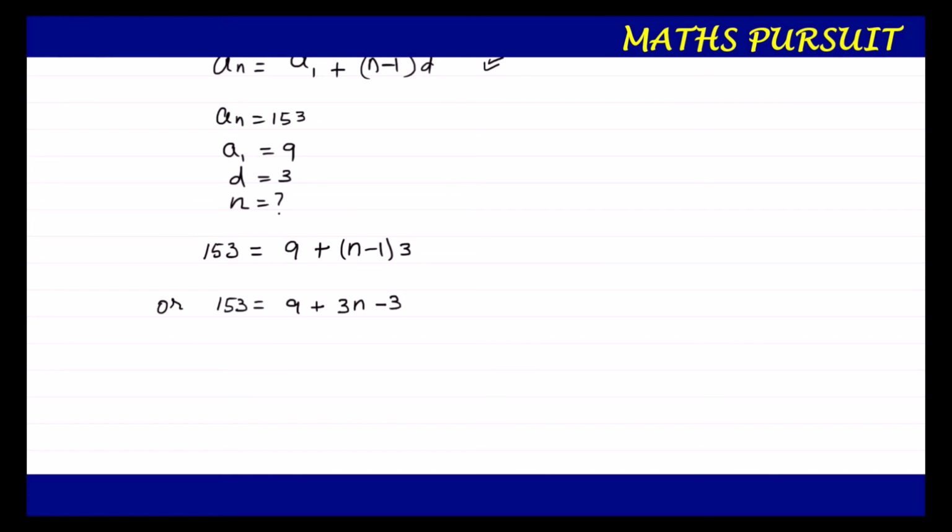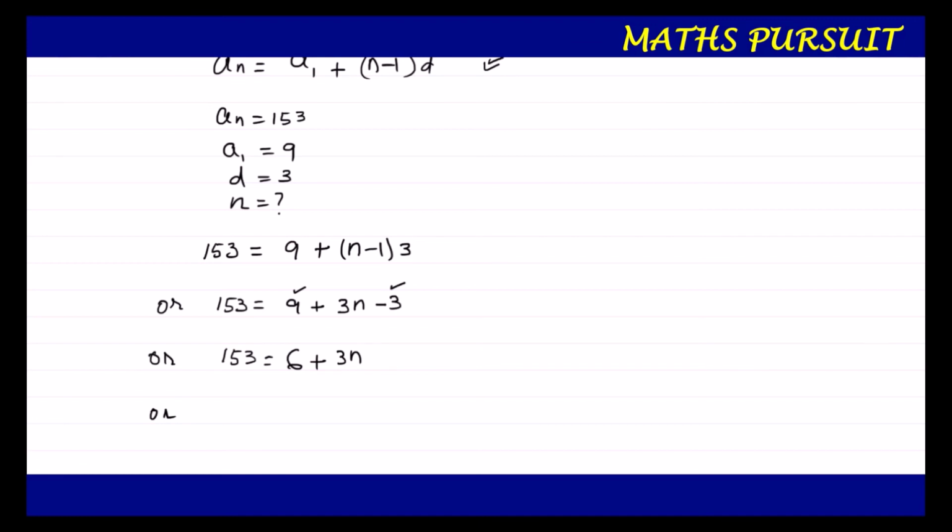Or 153 is equal to this 9 and this minus 3, it became 6 plus 3n.